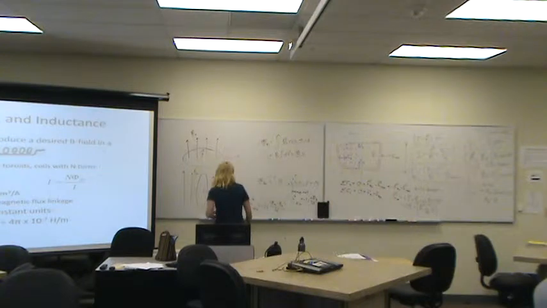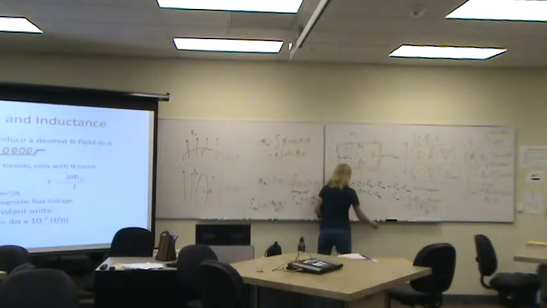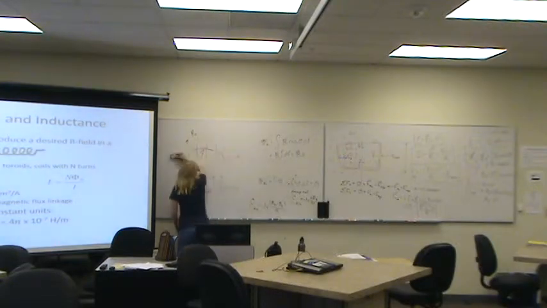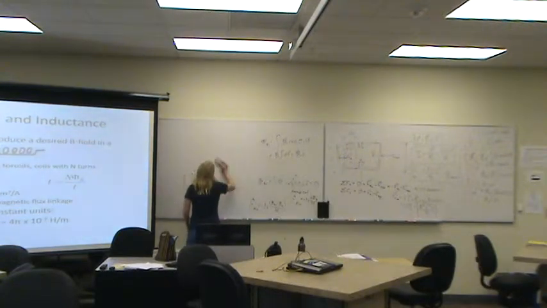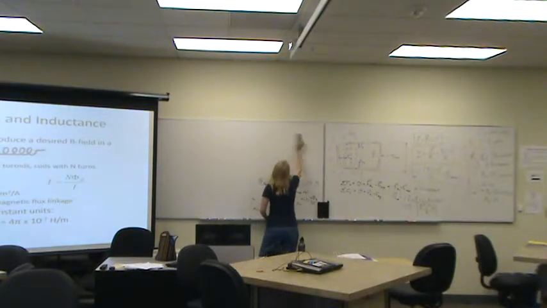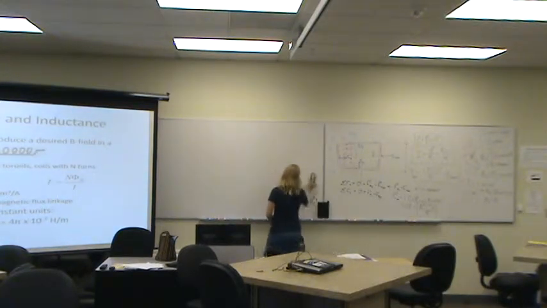An inductor uses symbol L, and the inductance is how we measure the strength of an inductor, sort of like capacitance for a capacitor. We also use L for inductance, and it has units of henries, which is another new unit.